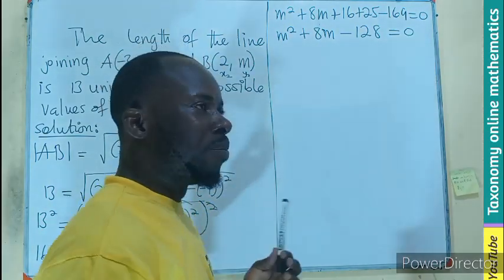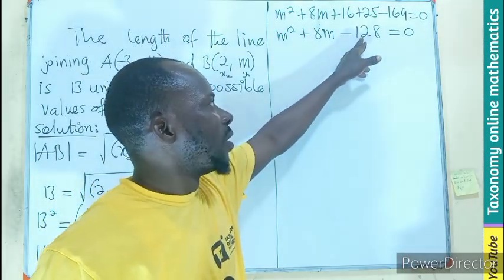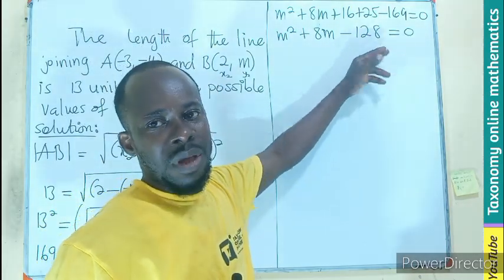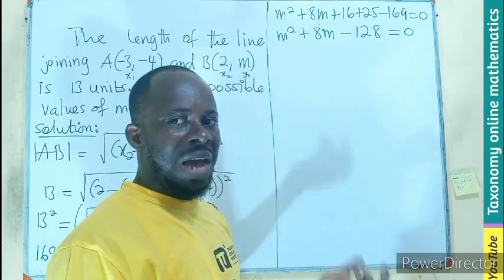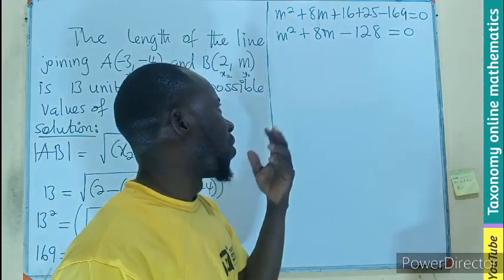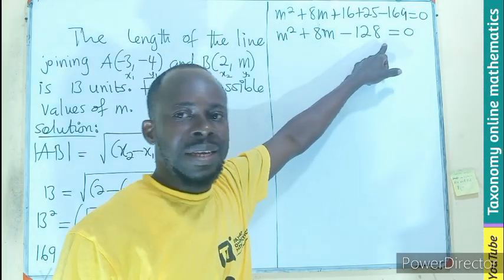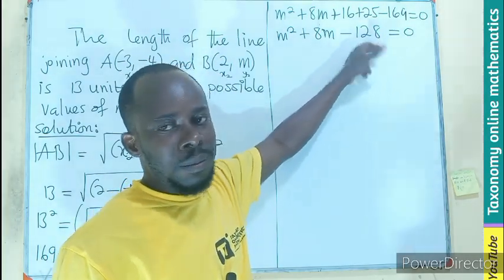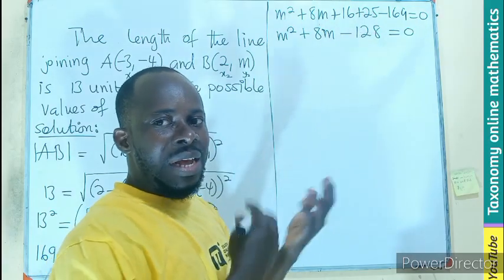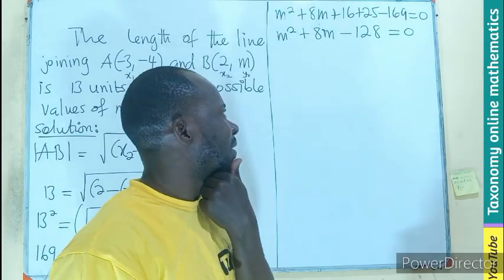So we can begin with 2. 2 goes into 128, 64 times, and 64 plus 2, if you add or subtract, you will not get your 8. So we can also think of 4. 4 will go in 32 times, and that will also not add or subtract to give us our 8.